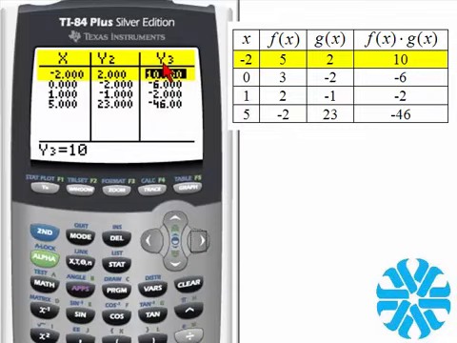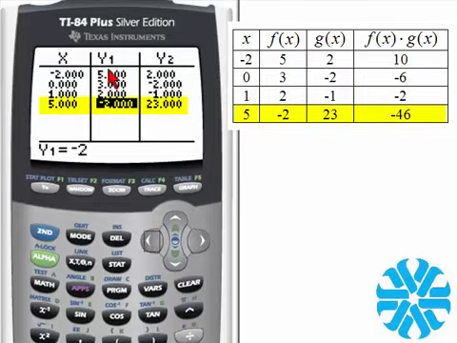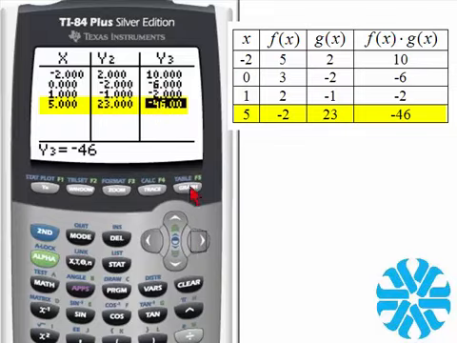There's 10 for y3. And let's just go to the last one. Okay, since you understand what's happening now, let's move over to y1. So the product of y1 and y2 is simply minus 2 times 23, which would give us a negative 46. So let's scroll over to y3, and there's our negative 46.